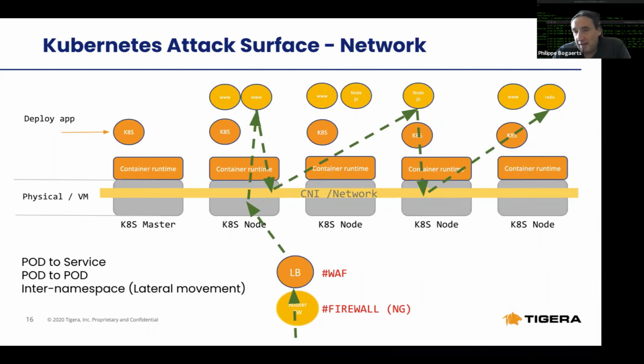So if you have 10 namespaces, or a production namespace and a development namespace, nothing prevents them from talking to each other unless you implement security policies, of course, or use different clusters. So a good understanding of how your networking is happening inside of Kubernetes is already a very good step forward.